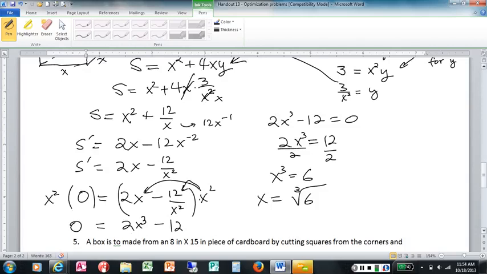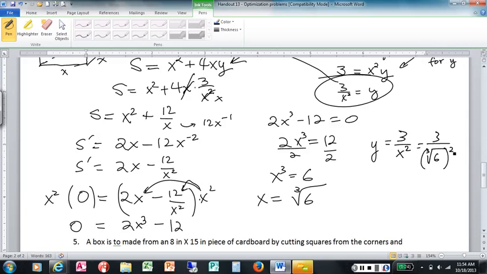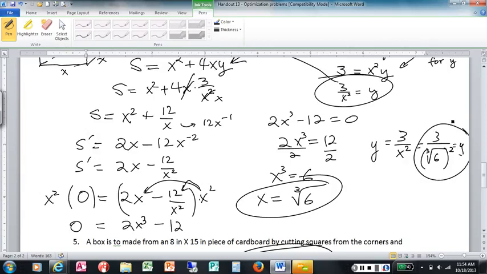The y, so that's the base. The length and the width is cube root of 6. The y then is, well, it's 3 over x squared. And so that would be 3 over the cube root of 6 squared, which approximately, what do you get on that?